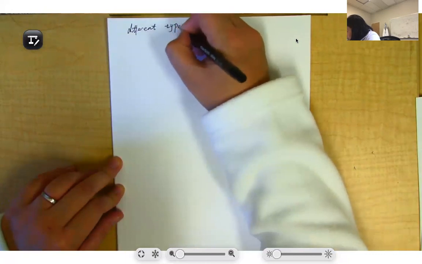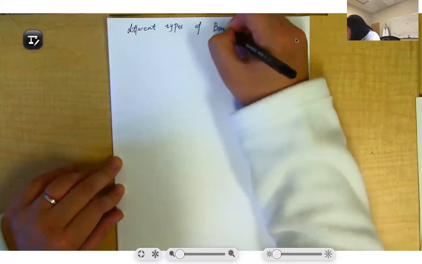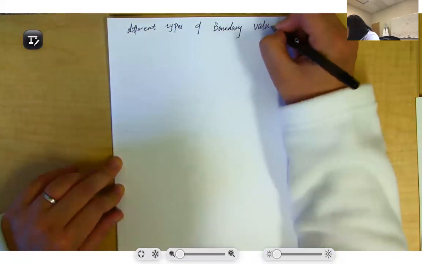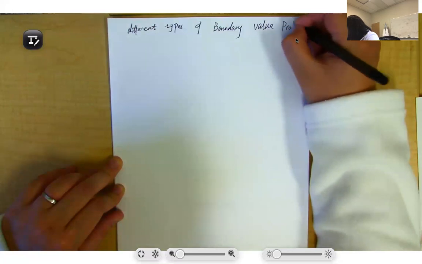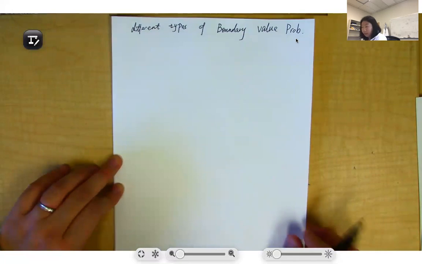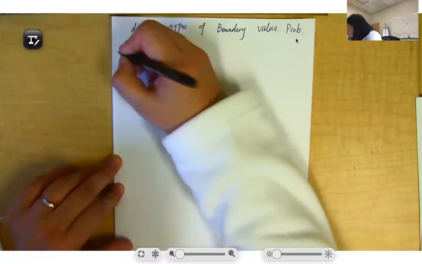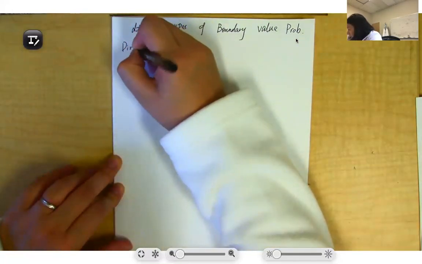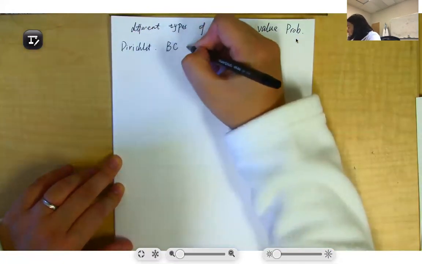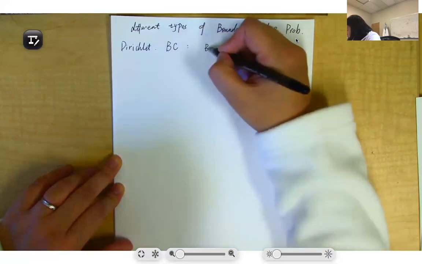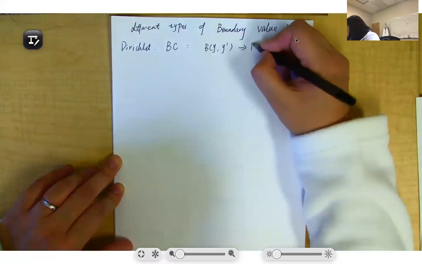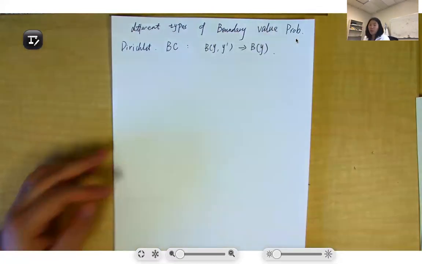For example, we have Dirichlet boundary conditions, where you are only giving y at the points.